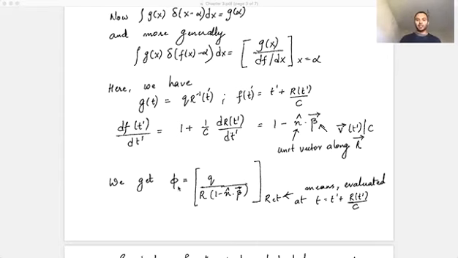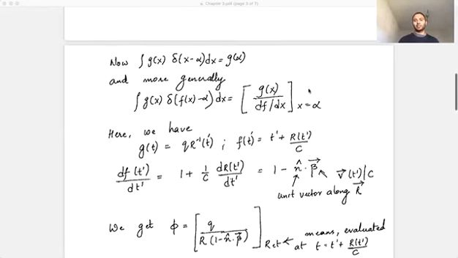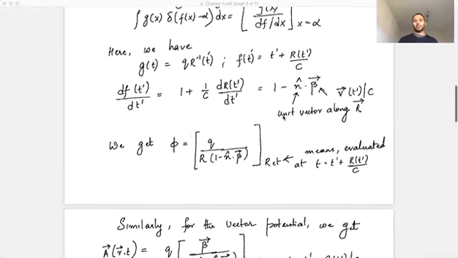We're basically done. So you get Q divided by R of 1 minus n, which is the unit vector connecting the charge and the observer, dot beta, that's the velocity of the charge over c. And that's basically this expression here. So I've just put in df by dx, and you evaluate it at x equal to alpha. And so that's what this is.